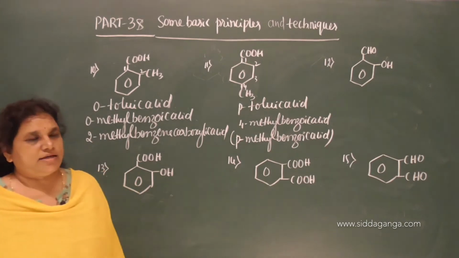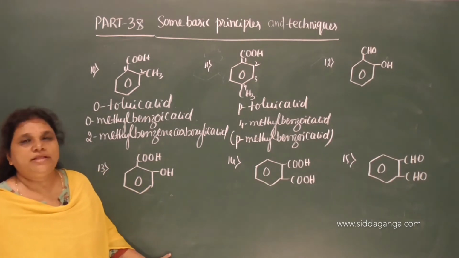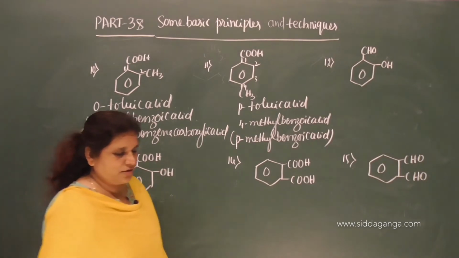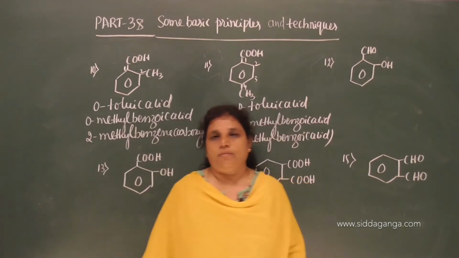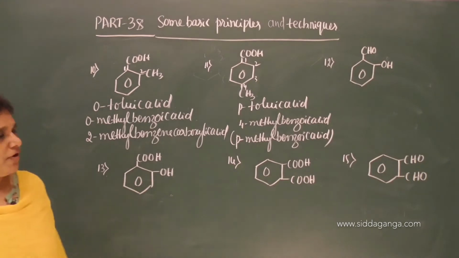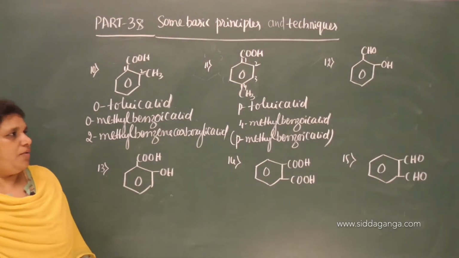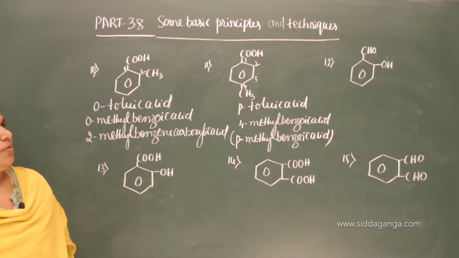Para-methyl benzoic acid, and 4-methyl benzoic acid is the IUPAC name. Instead of benzoic acid, you can use benzene carboxylic acid. For the first compound I have given benzene carboxylic acid. Okay. Now move on to the 12th compound.